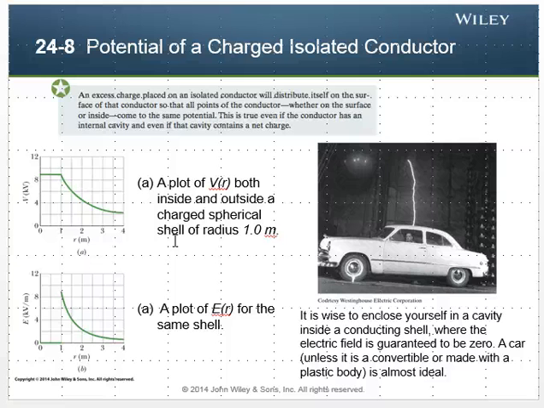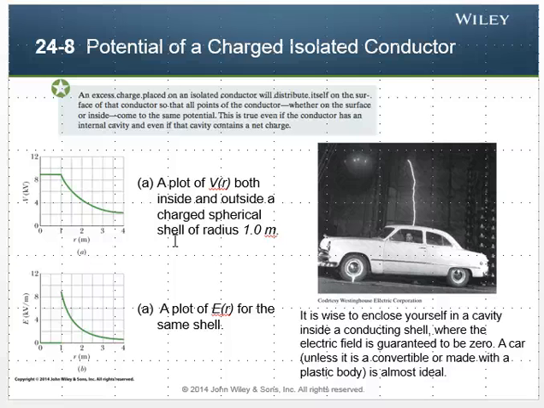An electric field applies force to charge. So if there's an electric field inside a conductor, charges move until the charges have moved to the surface and have completely canceled out the electric field on the inside.